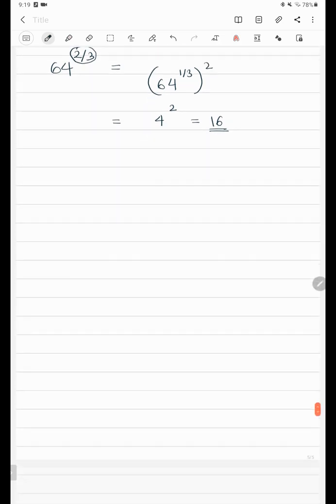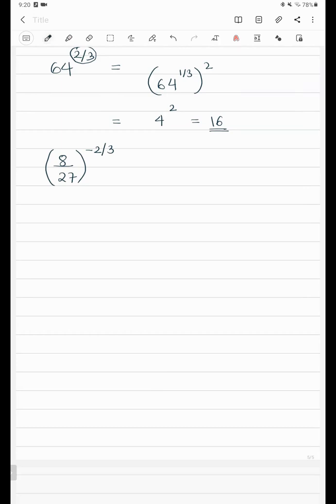Now, let's take a look at this. How about 8 by 27 whole to the power minus 2 by 3? How can we do this? Ma'am, first we separate, as we did in the first equation.